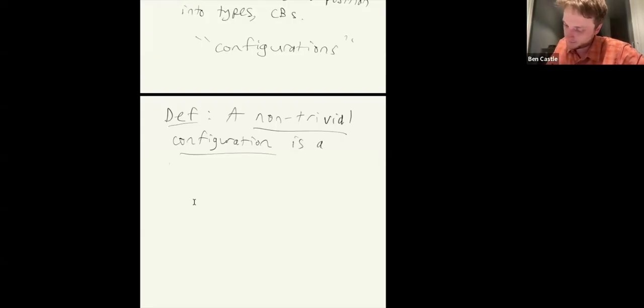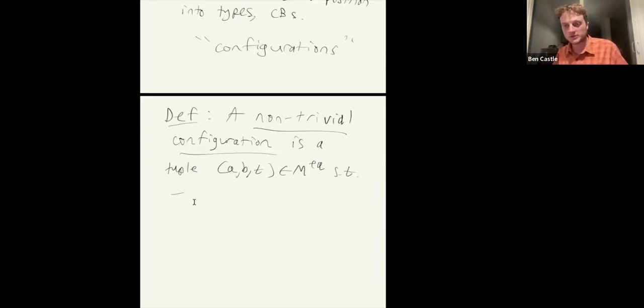It is a tuple A, B, T in M^eq such that, well, what we want to say is that we have a family of curves, and we've chosen a generic curve in the family where T is the parameter for that curve, and then we take AB as a generic point.